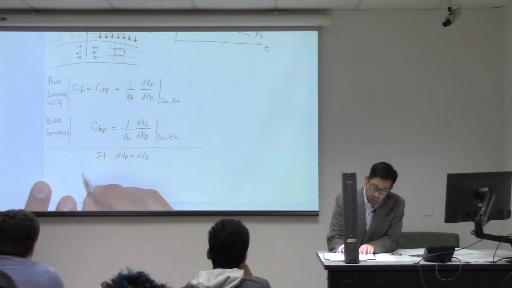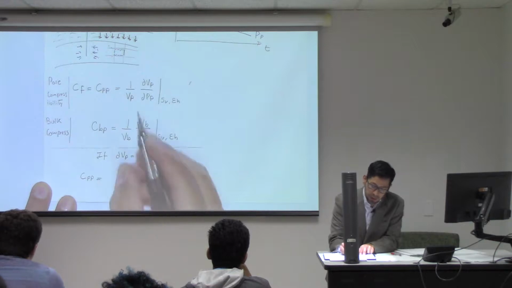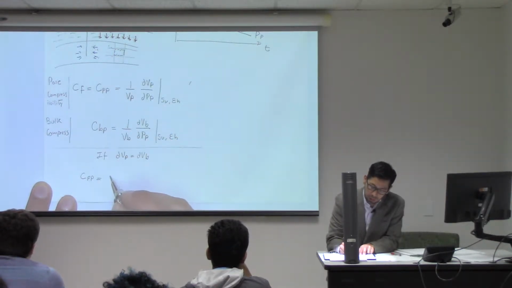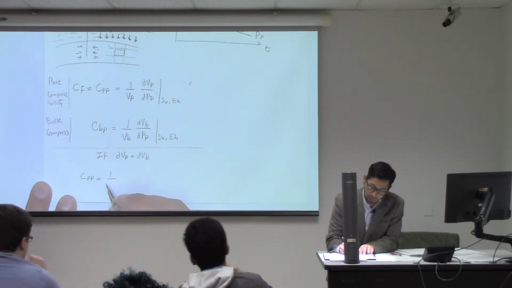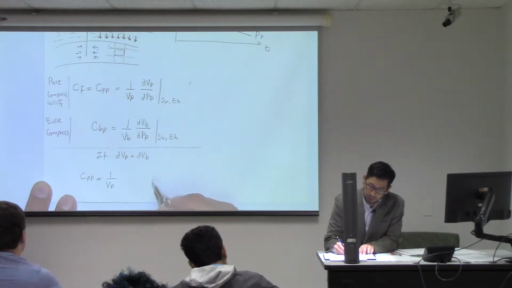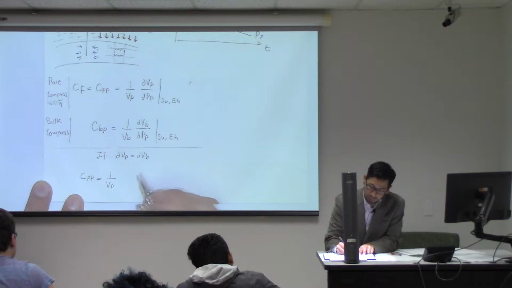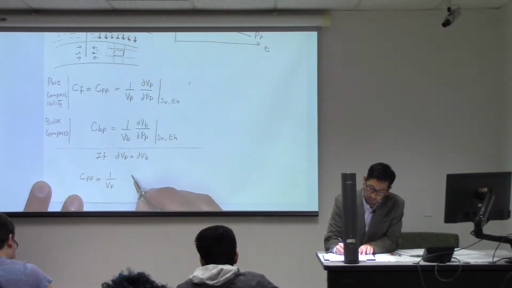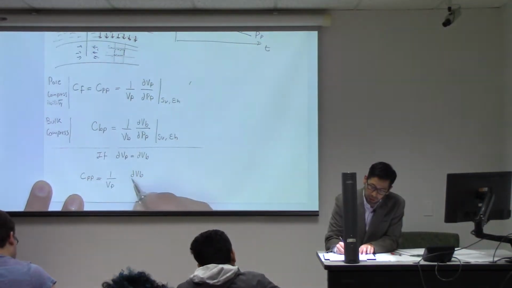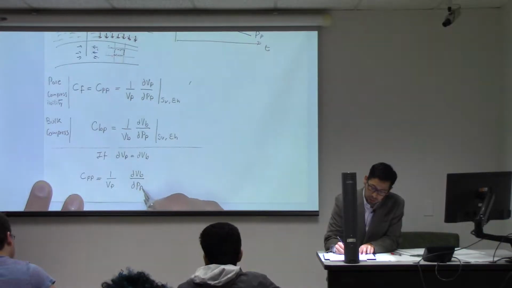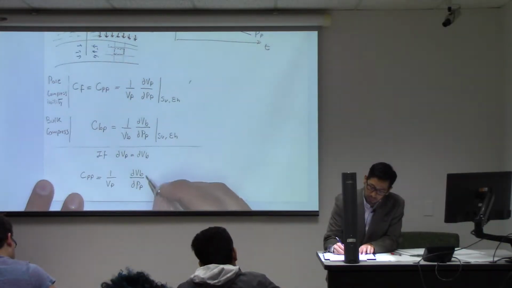So CPP, which is that one over there, is going to be 1 over VP. And I'm going to change now this variation in pore volume to be equal to the variation in bulk volume, dPP.